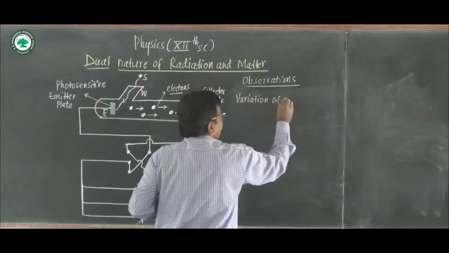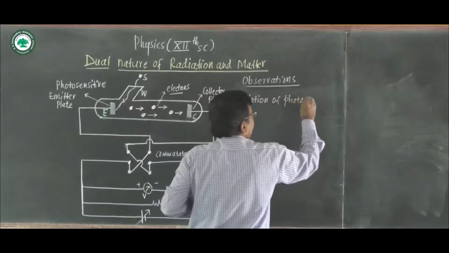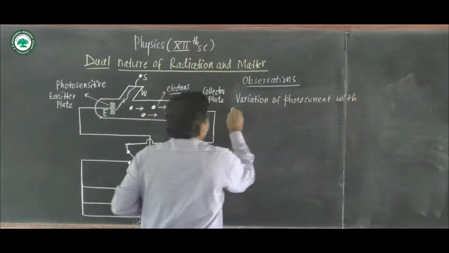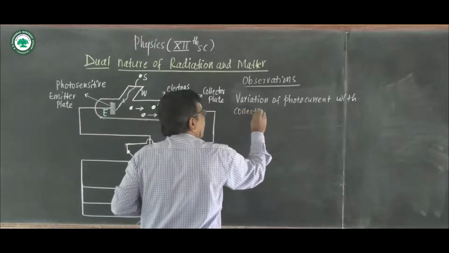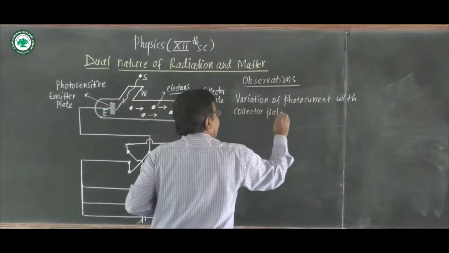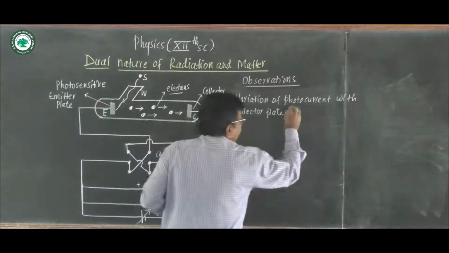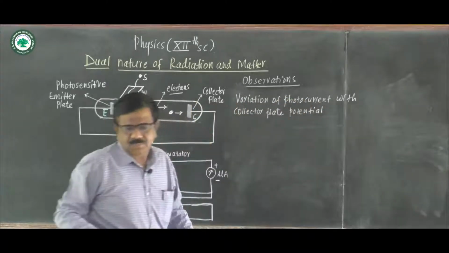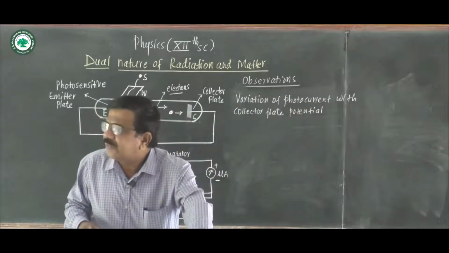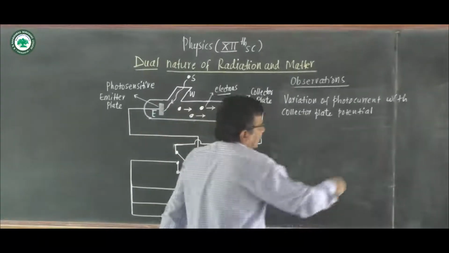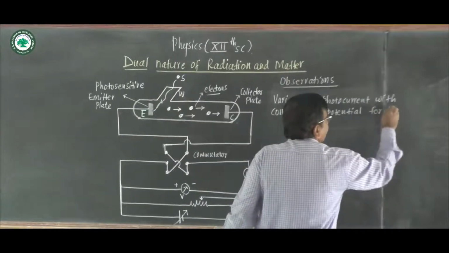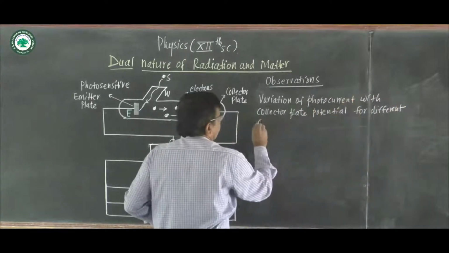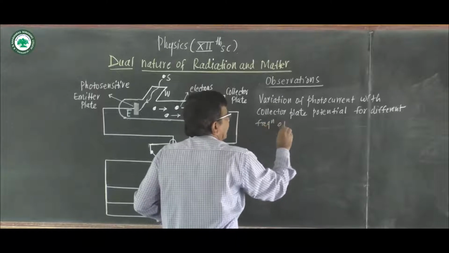Collector plate means this plate. Variation of photocurrent with collector plate potential for different frequency of incident radiation.